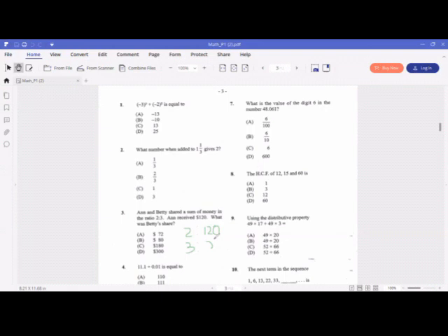I can write that as x. I can cross multiply. And when I cross multiply, I should get 2x on one side. And 120 times 3 should give me 360. Then I have to divide by 2 on both sides.